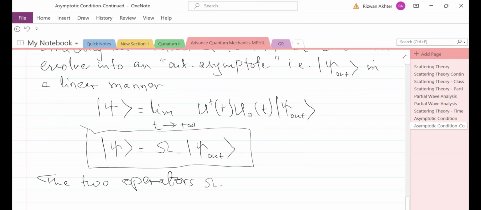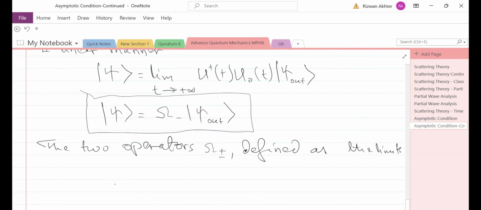We define omega plus minus equals limit t tending towards minus plus infinity of U dagger of t, U naught of t.